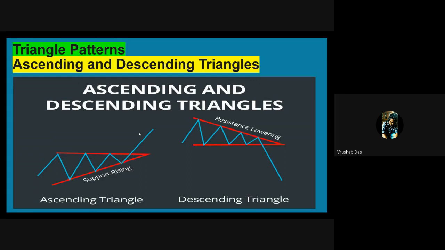The first two triangles are the ascending and descending triangles. Ascending and descending triangles are right angle triangles, with a line extending along two or more lows. You can see this often in ascending triangles, and ascending triangles have a rising lower trade line.